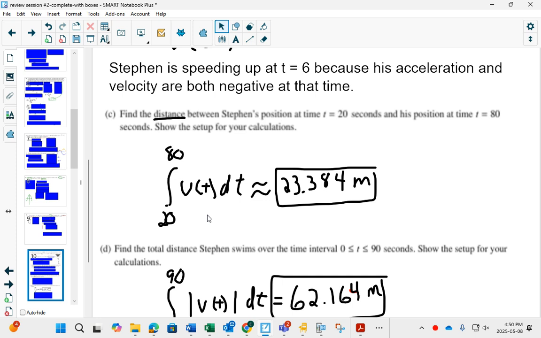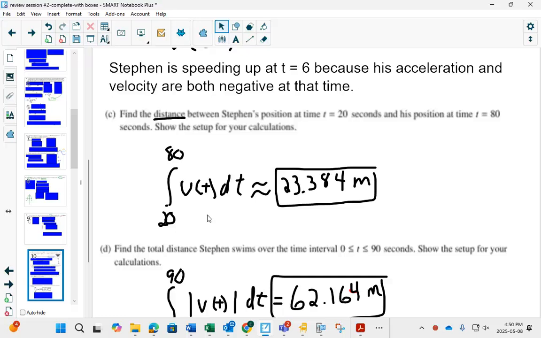Because absolute V of t, okay, so I'm going to model this here by moving. I'm going to start here, and I'm going to end 3 tiles away, okay? If I start here, go 6 tiles, and then come back 3 tiles, I've traveled 9 tiles. But what is the question asking?